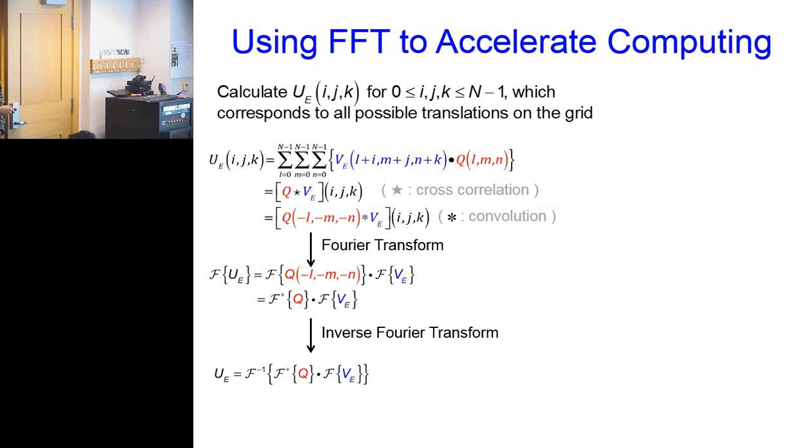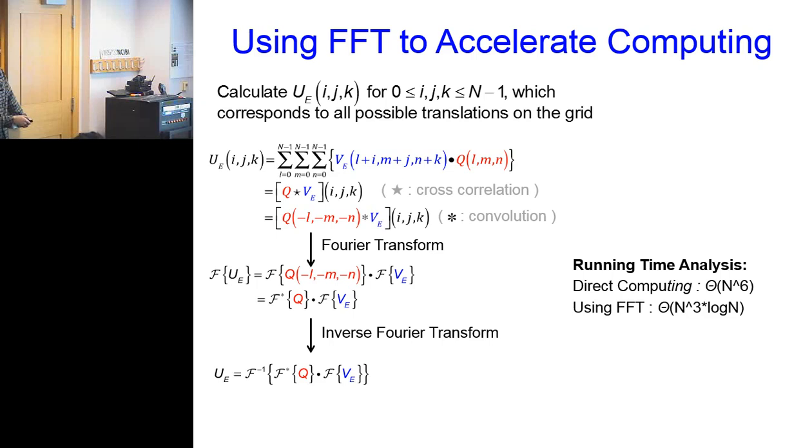So we play the trick. We take the Fourier transform on both sides, and we take the inverse Fourier transform on both sides. Then we can get this u back by just doing this amount of work. So if you do this naively, you take 10 to the 6th power. If you use FFT, it will take n to the 3 power log n, which is a very big speed up.